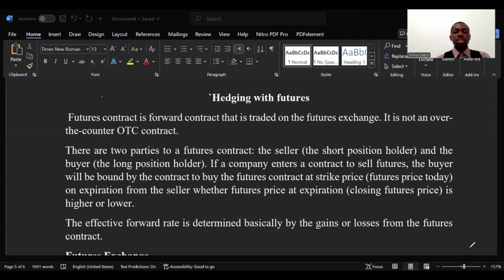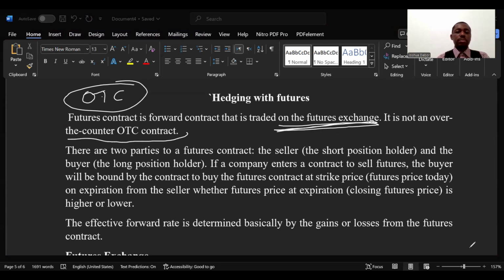So the futures contract is also a forward contract, but the forward contract, what we did last week, is an OTC contract, over-the-counter contract. The futures contract is a forward contract that is traded on the futures exchange. It is not an OTC contract.